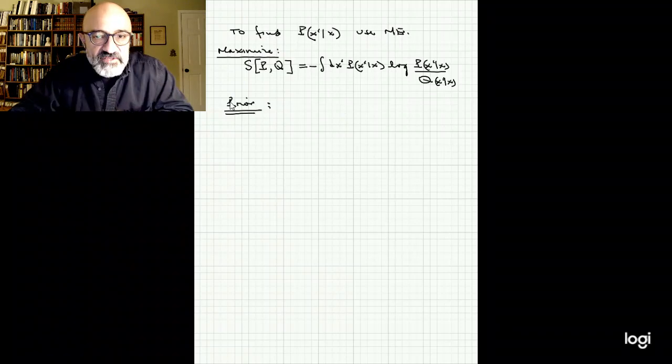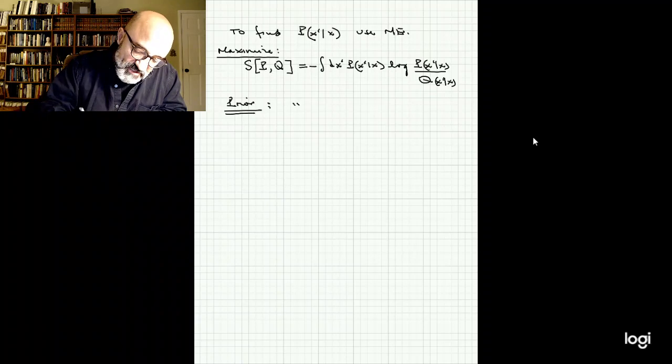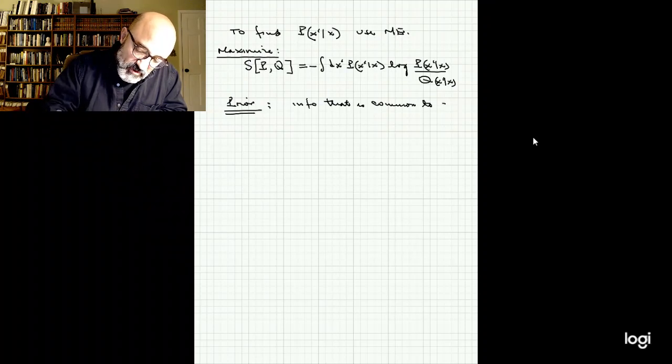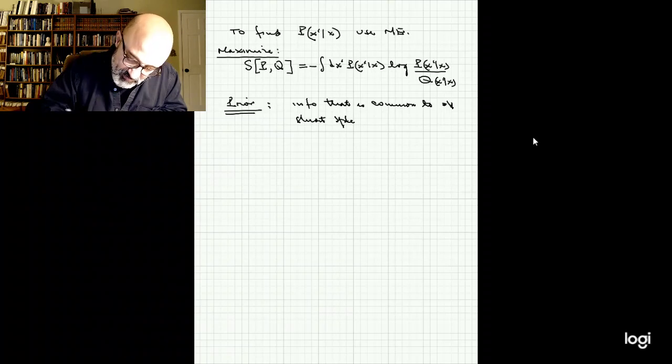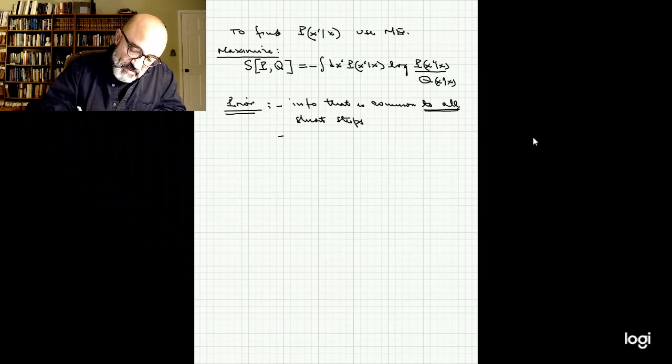So what we want to implement in the prior is we want to input information that is common to all short steps, that enforces short steps.